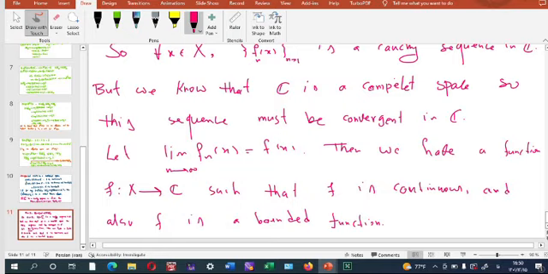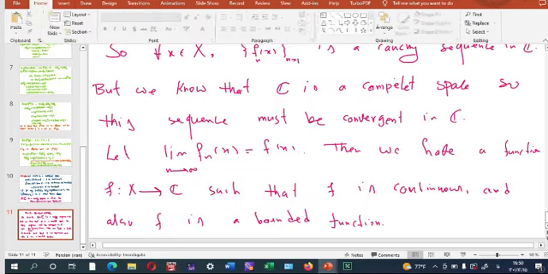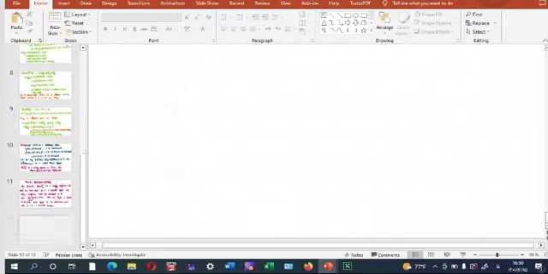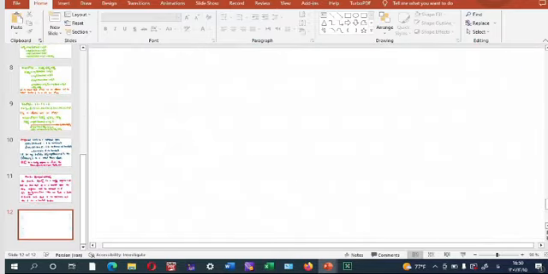And this is very trivial, because for example, if we consider epsilon equal to 1, okay?